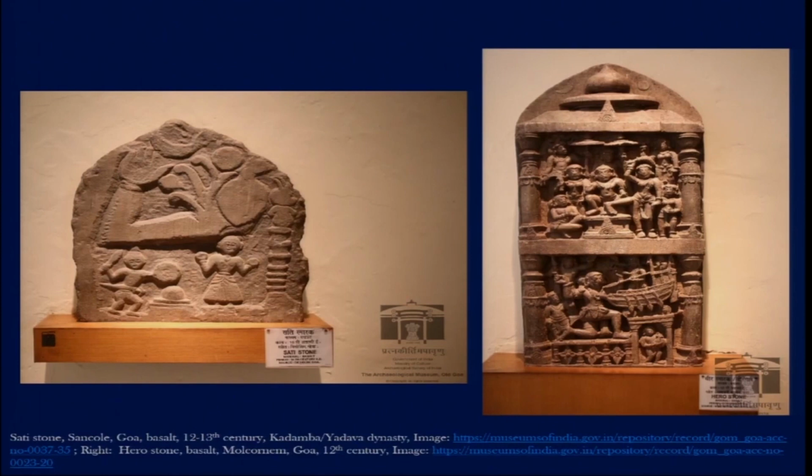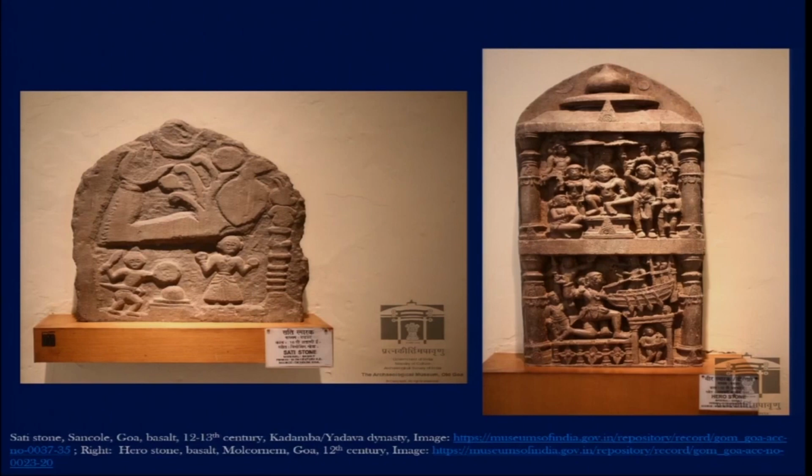So one can see what is going on in this hero stone here. Again we see a similar kind of structure, like this rectangular plaque kept vertically. Then the moon and the sun, these two motifs which we find in the Sati stone and many other hero stones, are also presented here.